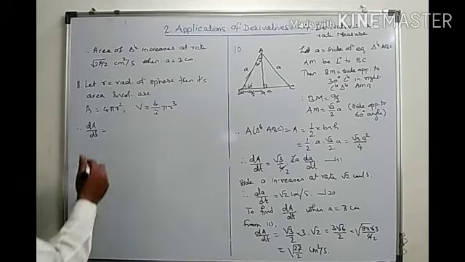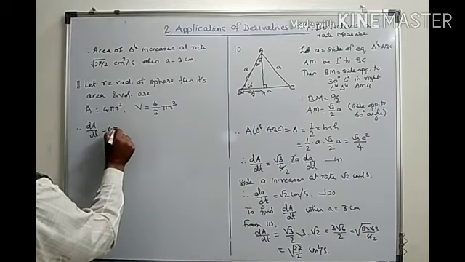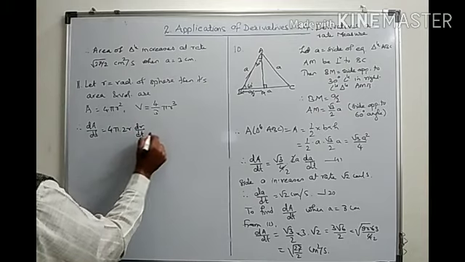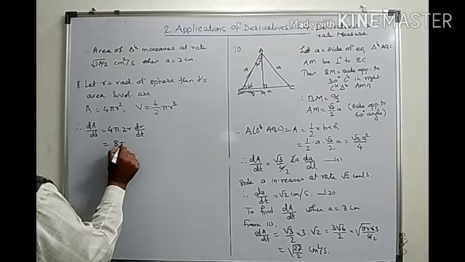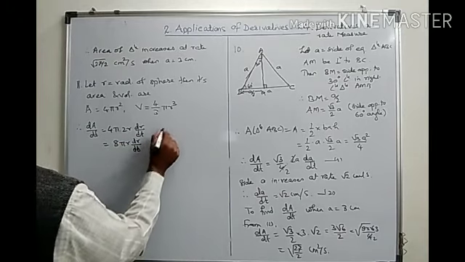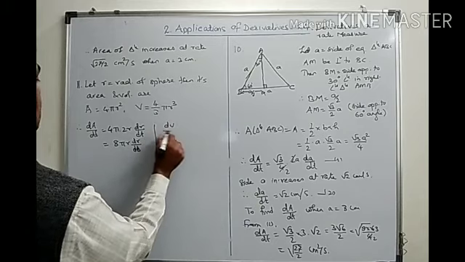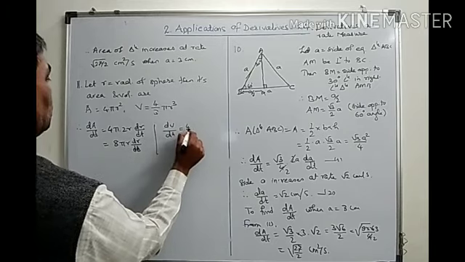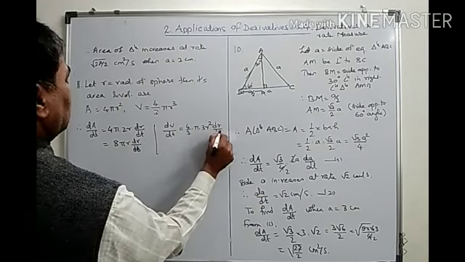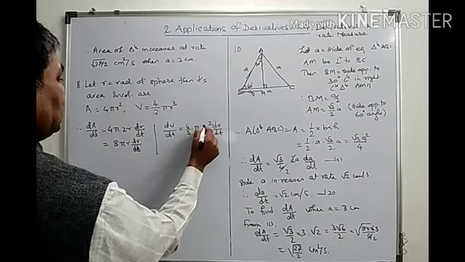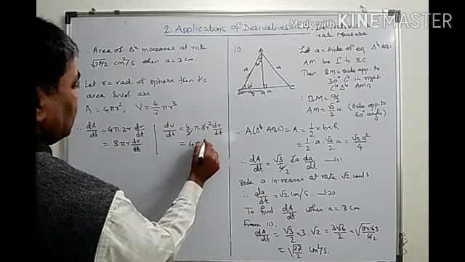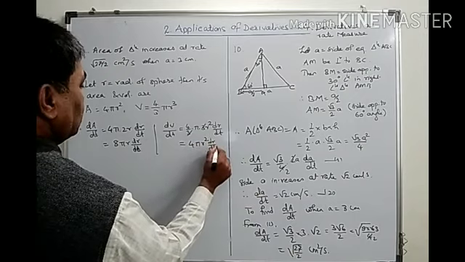So dA by dt is equal to 4 pi into 2r into dr by dt, which is equal to 8 pi r dr by dt. What is your dV by dt? It is 4 by 3 pi into 3r square dr by dt. So this 3 gets cancelled, which is equal to 4 pi r square dr by dt.